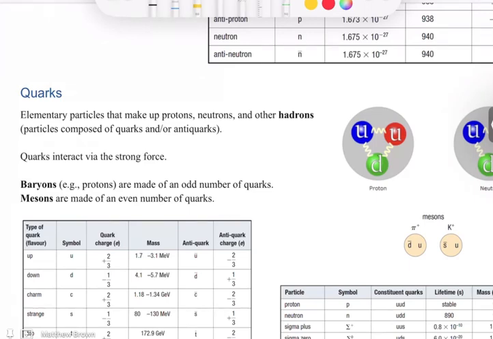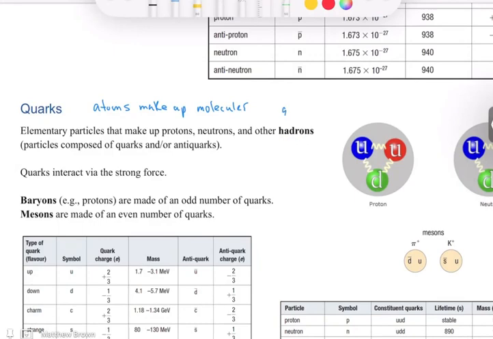So you've got atoms make up molecules, and hadrons, quarks make up, let's put that on top. All right, so just to give you kind of a connection between them.